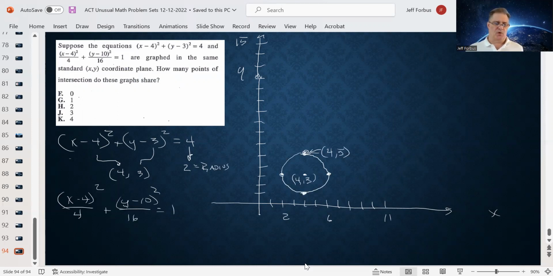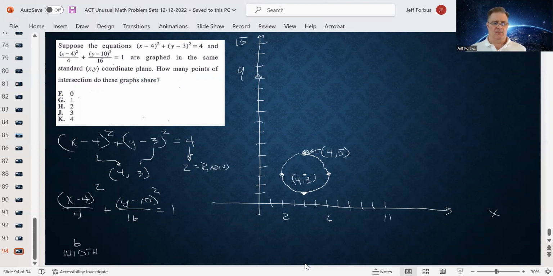So 4 is going to be your b value, and that's associated with the width of the ellipse. 16 is associated with our y, and that means the ellipse is going to be elongated around the y-axis because that's a larger number here.